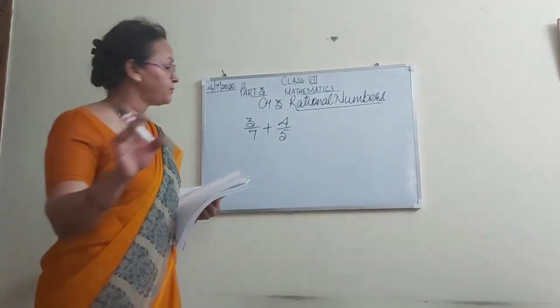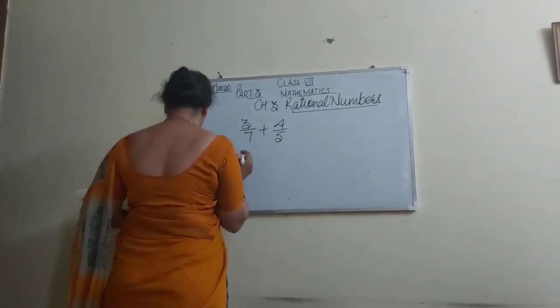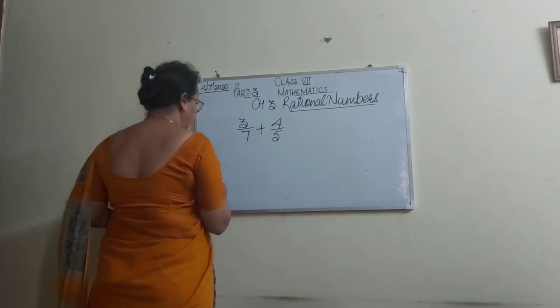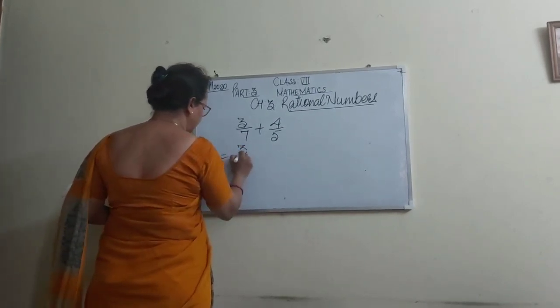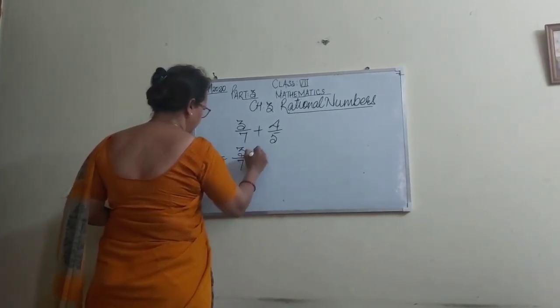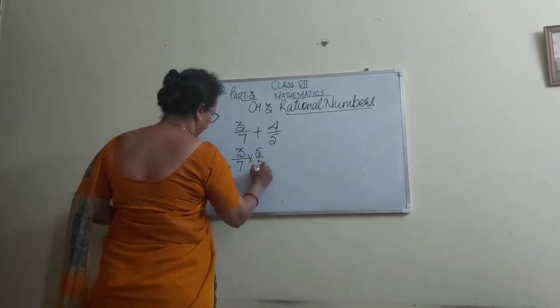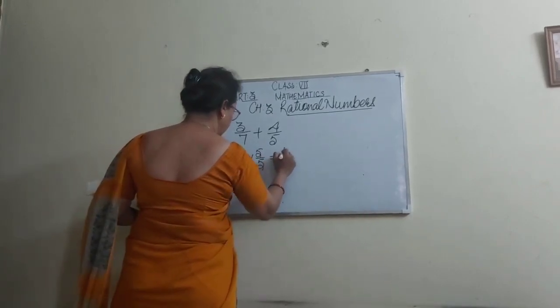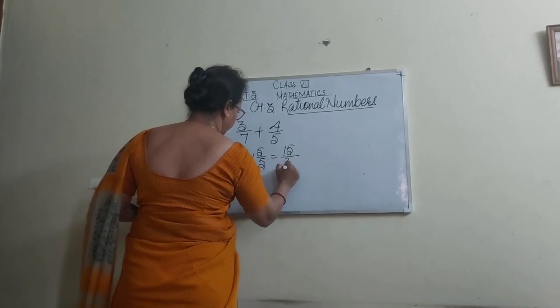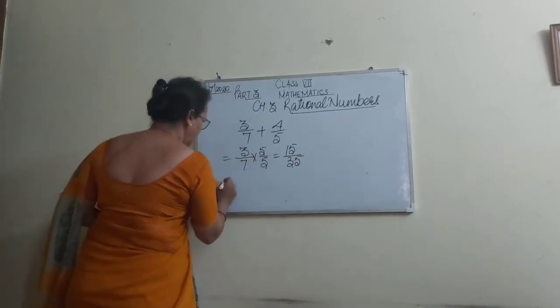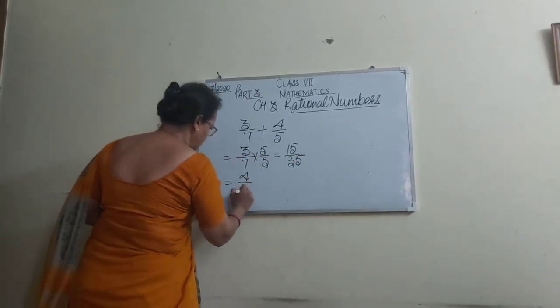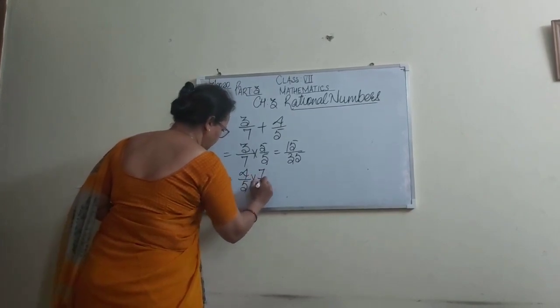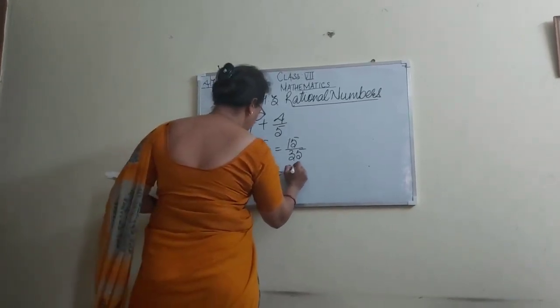What will we do? We make the same denominator: 3 by 7 multiplied by 5 by 5, which is 15 by 35. Clear? And 4 by 5 into 7 by 7, which equals 28 by 35.